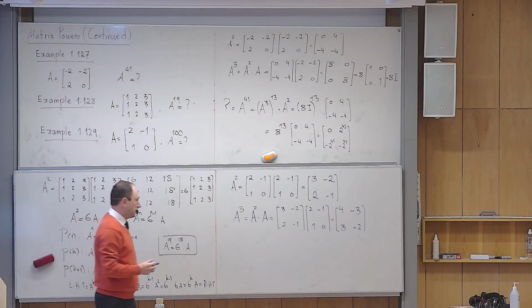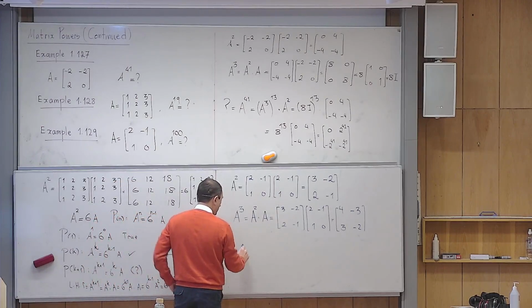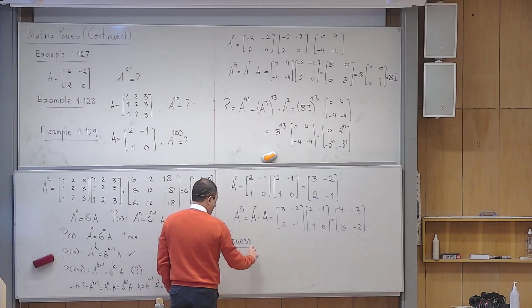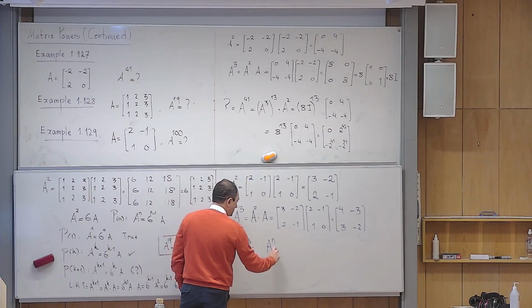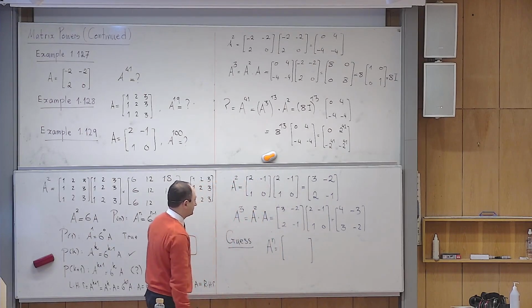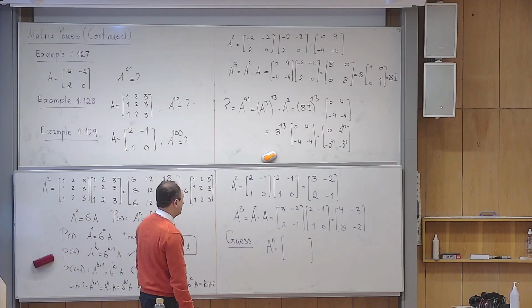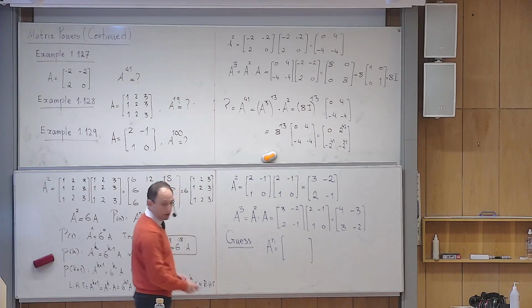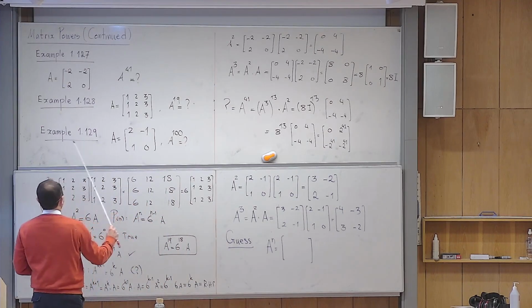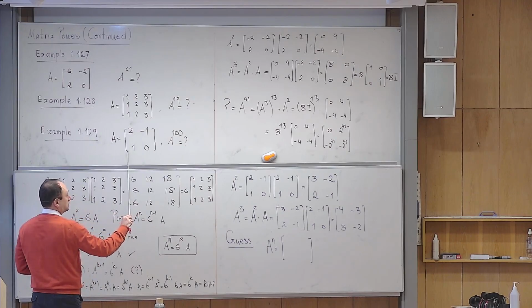Yes? A to power n, so can you tell me what is your guess? I'm guessing that maybe A to power n is equal to, well, the opposite diagonal, both of those are just multiplied by n. It seems so, yes, because the original matrix A here has minus 1 and 1.